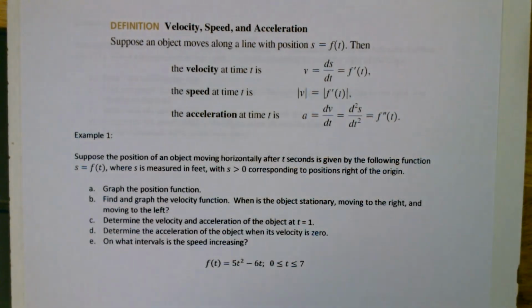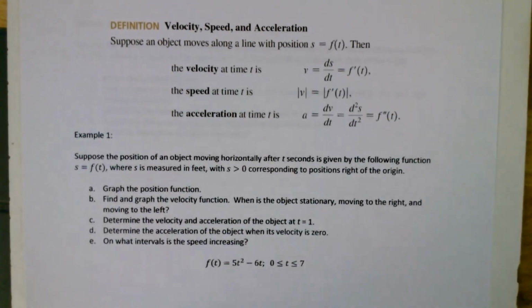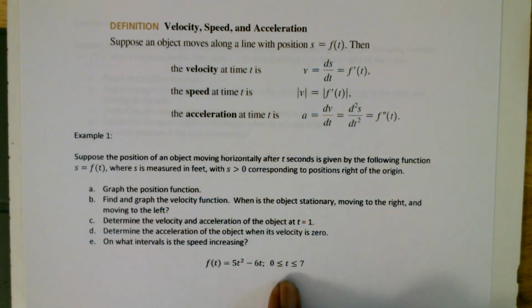Let's suppose the position of an object moving horizontally after t seconds is given by the following function, s equals f of t, where s is measured in feet, with s greater than 0 corresponding to positions right of the origin. All right, so let's say our function in this case is f of t equals 5t squared minus 6t, and we're dealing with the closed interval 0 to 7.